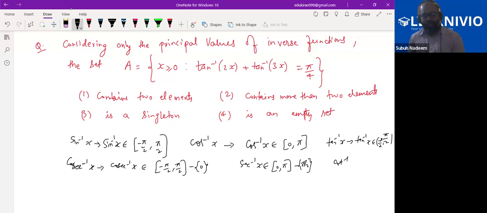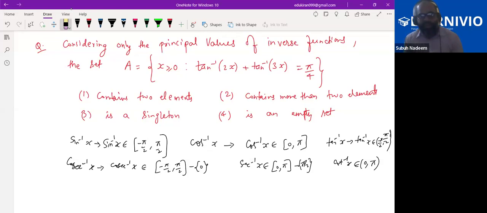And cot inverse x, it is 0 to pi open interval. So these are the principal values of 6 trigonometric functions. Just keep that in mind. It is supposed that you know it.